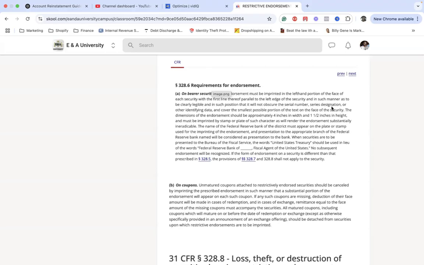And then series designation or other identifying data, and cover the smallest possible portion of the text in the face of the security. The dimensions of the endorsement should be approximately 4 inches wide and 1.5 inches in height. Guys, they're telling you how big the stamp needs to be. So we can't just get any regular stamp.